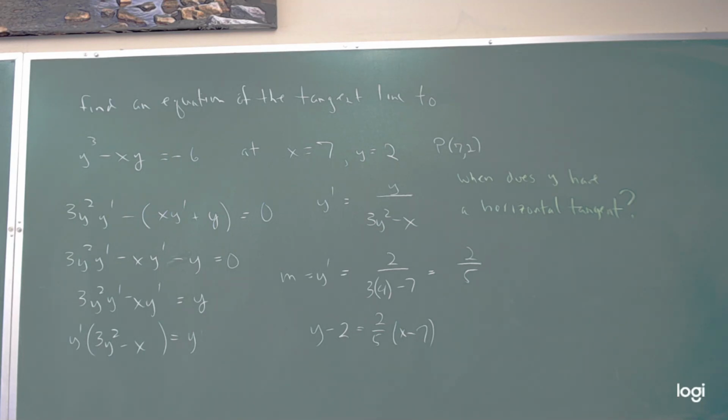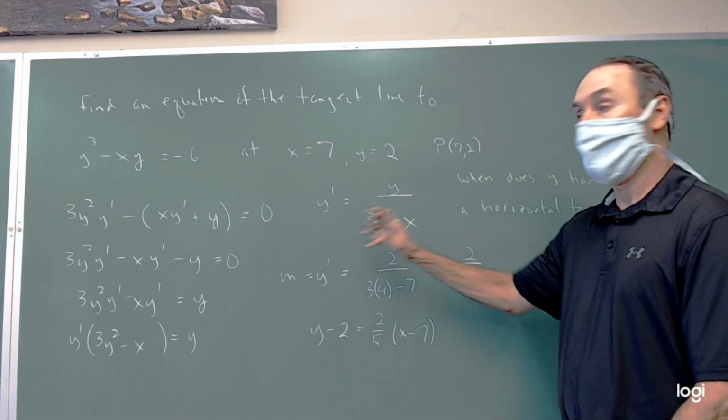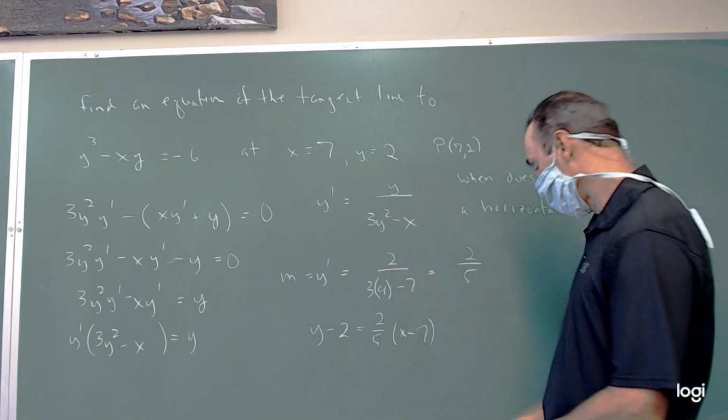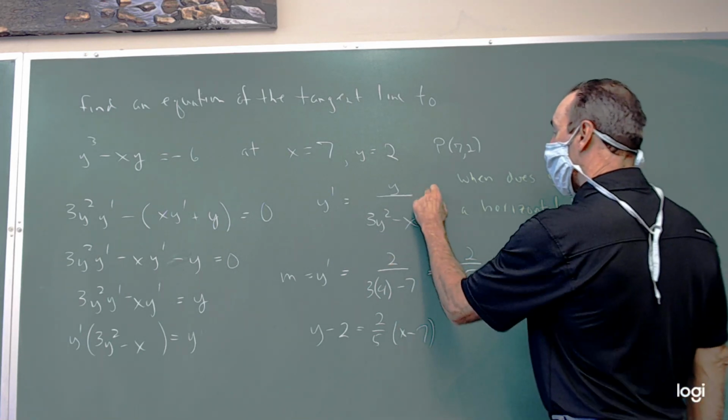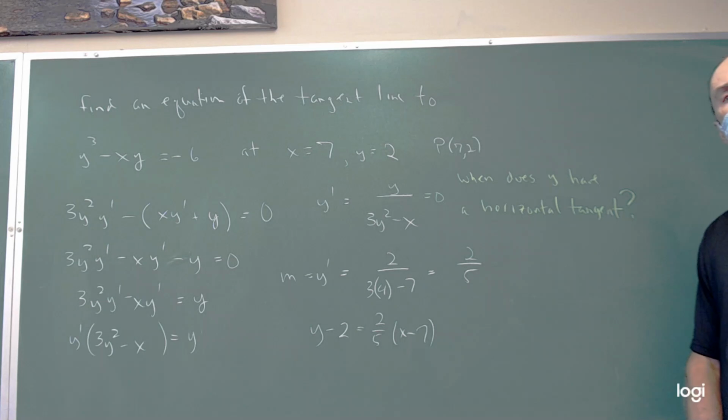How would we know that? Set it equal to 0. Yeah, so that's the derivative equal to 0. So what is going to make our derivative equal to 0? When is a fraction equal to 0? When its numerator is 0. So really, all we have to say here is what must be true: y equals 0.